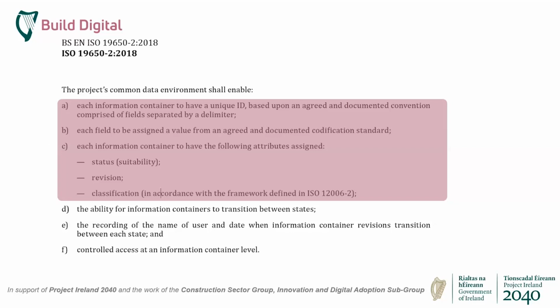The attributes should be suitability, status, revision, and classification. So classification is actually mandatory according to ISO 19650 on the metadata. That's all that's required. It shall contain, it shall enable, and that's what the file naming in the standard does.